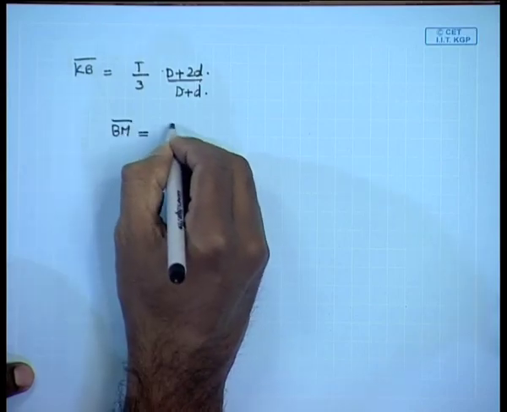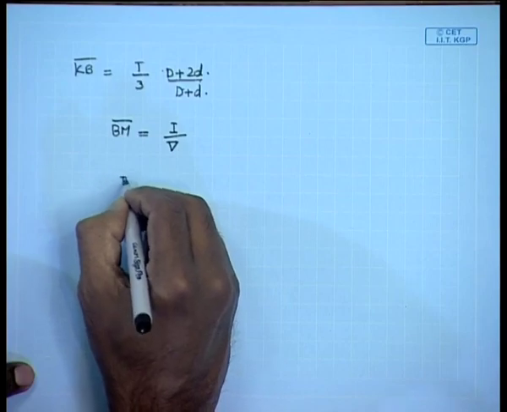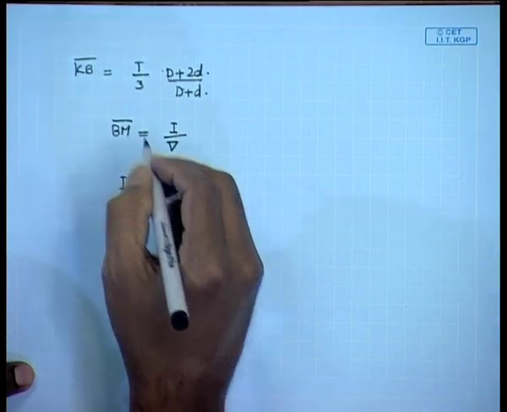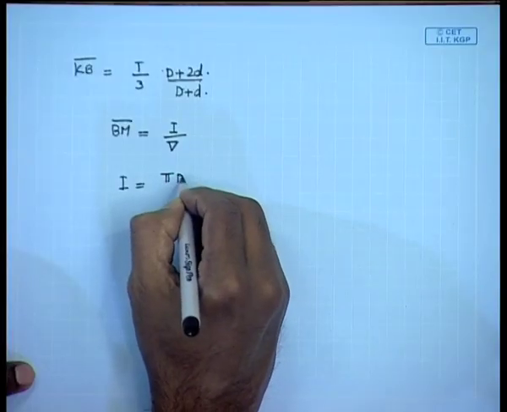Then BM is equal to I by del. This we know. I, what is it? It is the moment of inertia of the water plane area about a transverse axis. Now, in this case, the water plane area is a circle, because we are talking about a cone. The moment of inertia of the water plane area about any axis is given by pi d power 4 by 64.